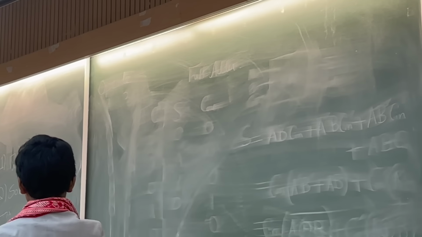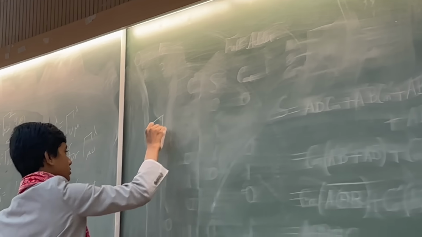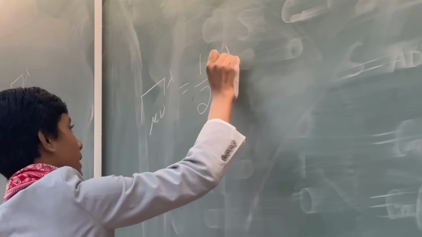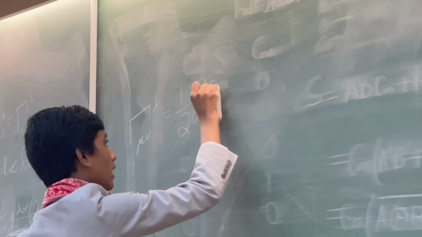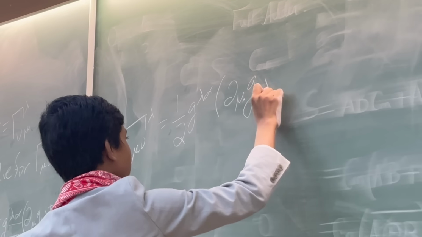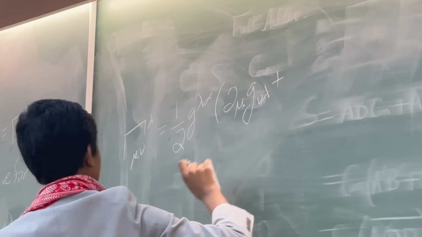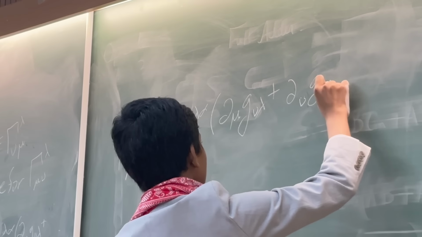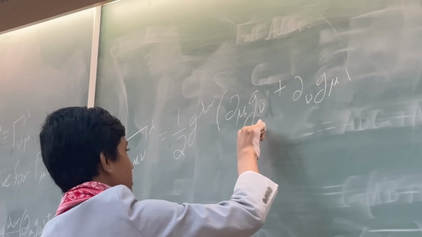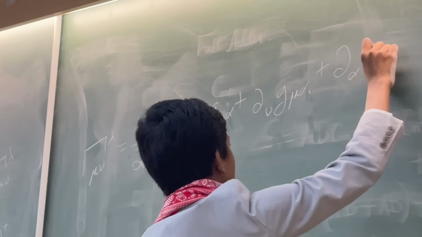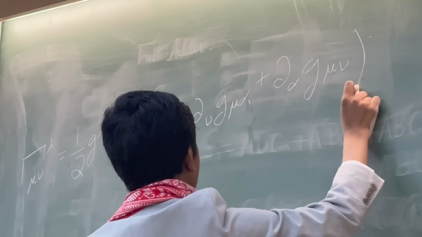All right. So I'm going to rewrite this over here. This Christoffel symbol is going to be equal to half g lambda alpha times the partial derivative over mu g lambda plus the partial derivative over mu, this should be alpha, sorry, lambda plus partial alpha g mu.